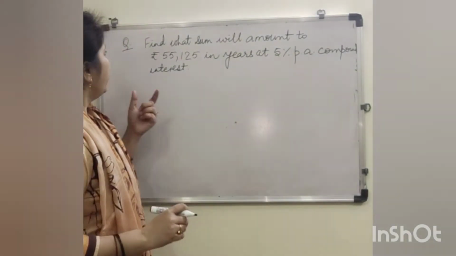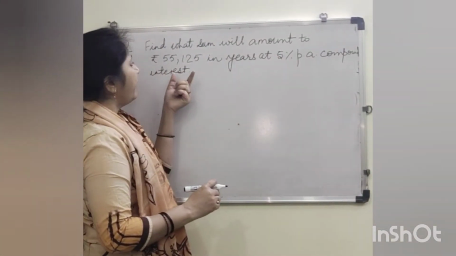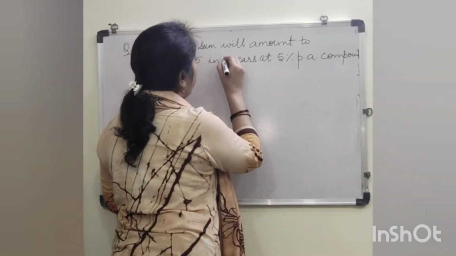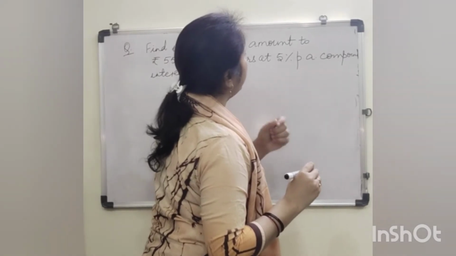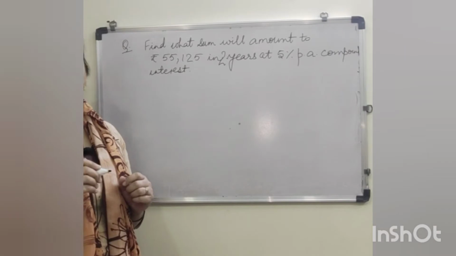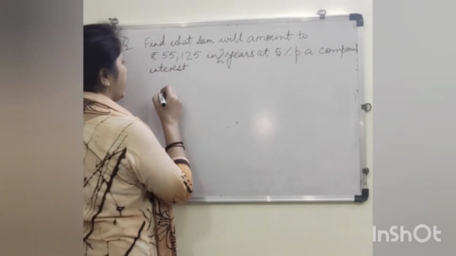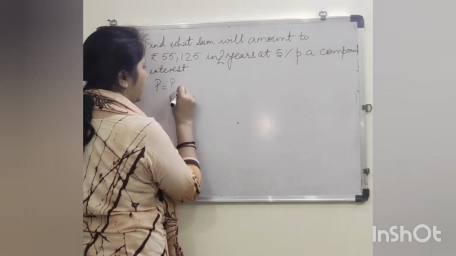Here is a question: find what sum will amount to rupees 55,125 in 2 years at 5% per annum compound interest. Interest is compounded annually. So let us write the given things. Principal not known to you.